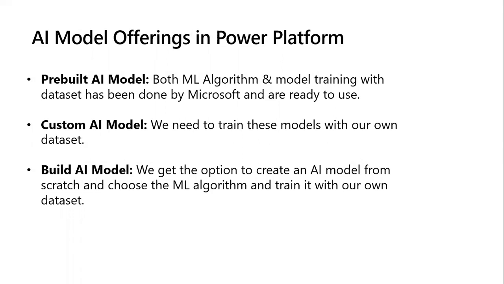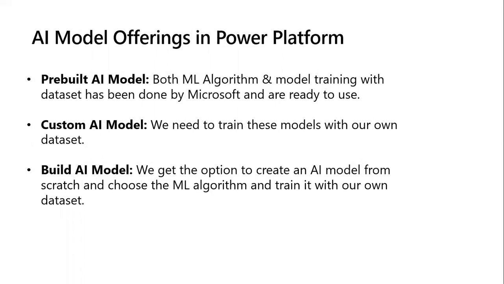Then we also have the capability to customize the AI model according to our own business scenario and our own data set. And lastly, we have the functionality to build an AI model. We have an option to create an AI model from complete scratch and also choose our machine learning algorithm to train with our own data.